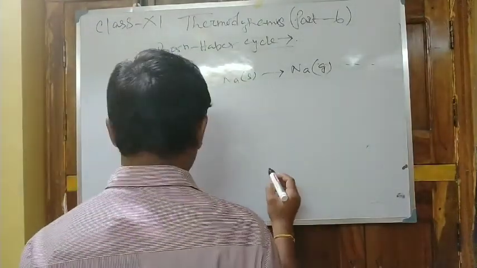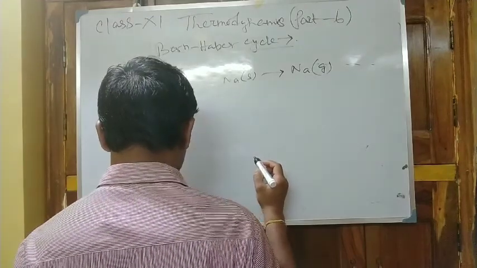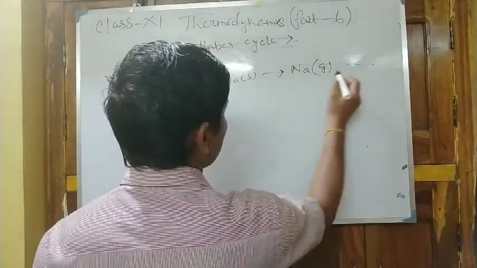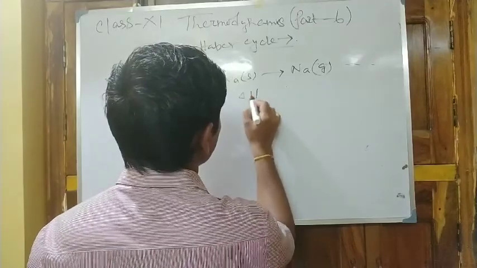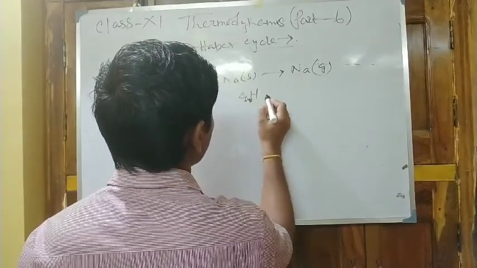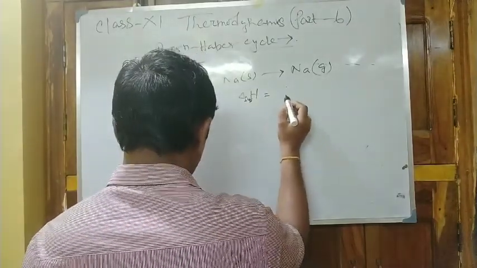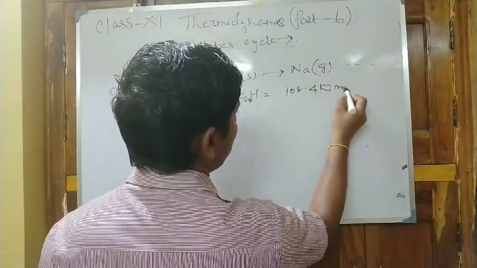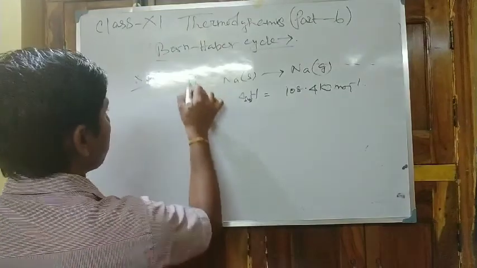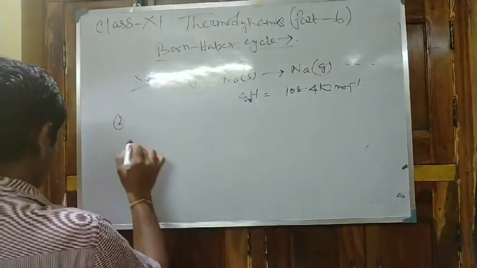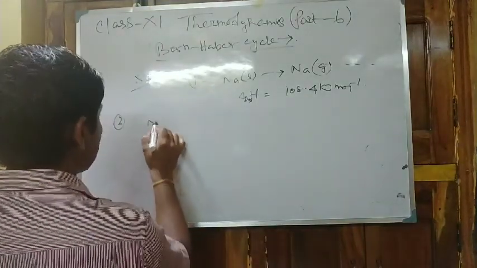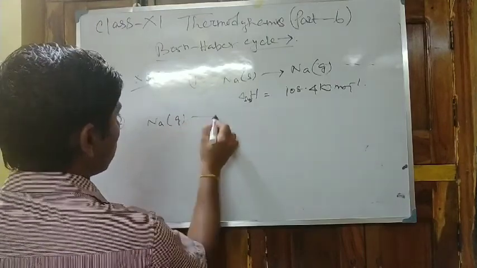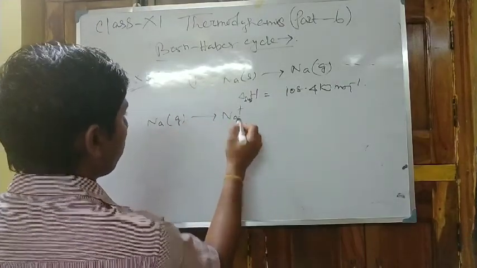The delta H sublimation is equal to 108.4 kilojoule mole inverse. It is the first step. The second step is sodium gas to sodium plus.